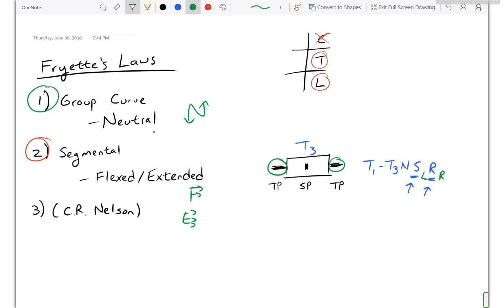And when we talk about group curves, we're talking about a group. It's always going to be neutral. Side bending will always precede rotation, and they're always going to be in opposite directions. When we talk about type 2 somatic dysfunctions, instead of talking about a group curve, we're only talking about one particular segment, and that particular segment is going to be flexed or extended, and it's going to be rotated and side bent towards the same direction.